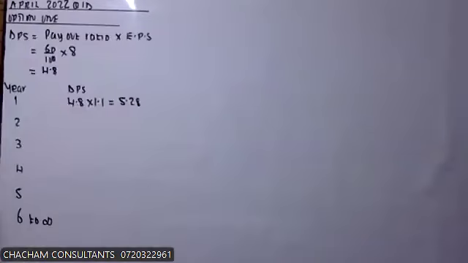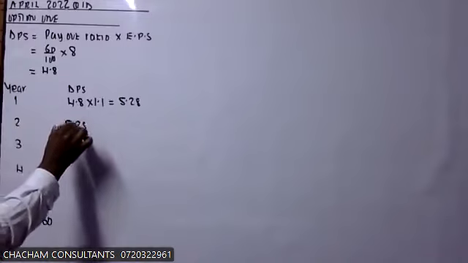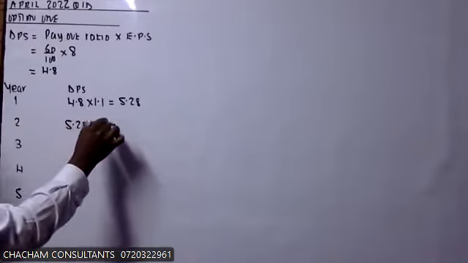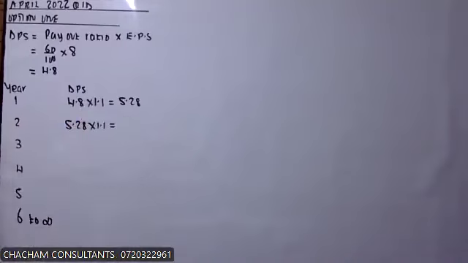So there are two ways of getting to the next one. You can just take this 5.28 times 1.1, or you can take this, you square this. So me, I prefer this one.